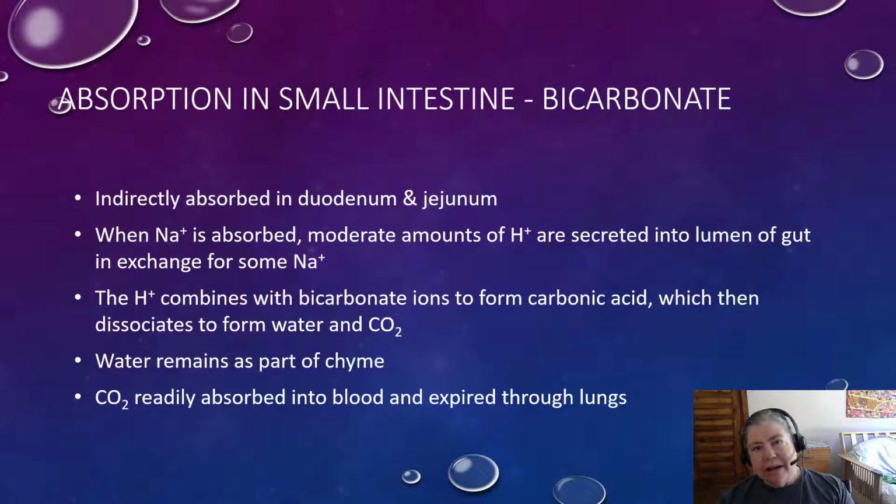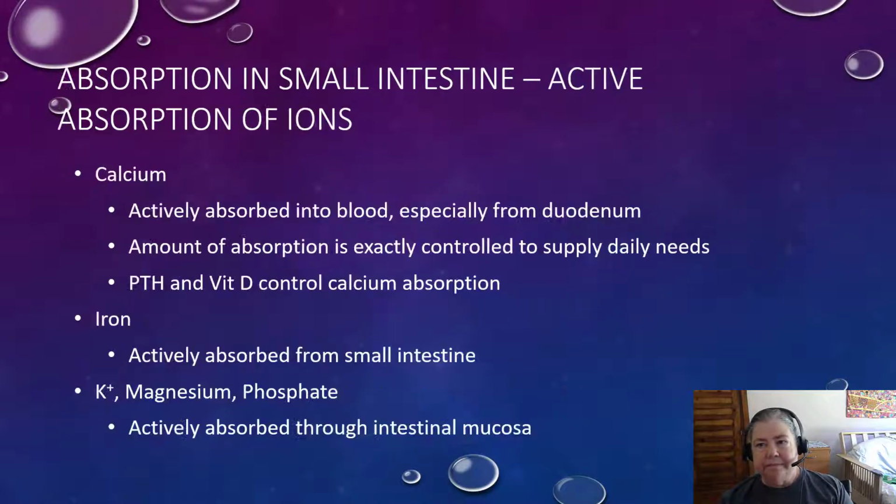The hydrogen ions combine with bicarbonate ions to form carbonic acid, which dissociates into water and carbon dioxide. So you've heard about this before. The water stays in the chyme, and the carbon dioxide, because it is both soluble in water and soluble in lipids, is rapidly absorbed into the blood and lost through the lungs.